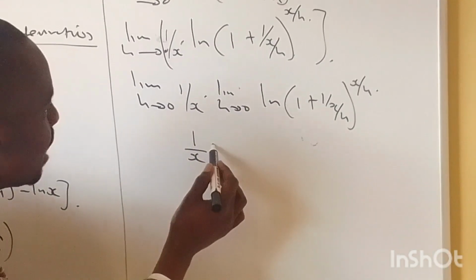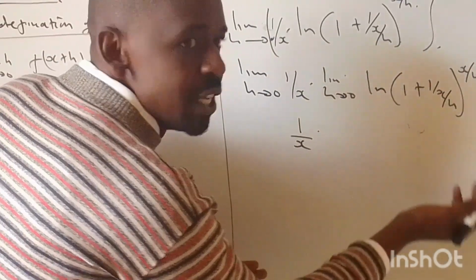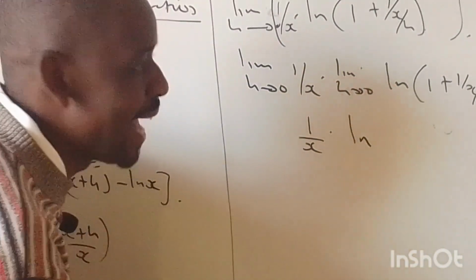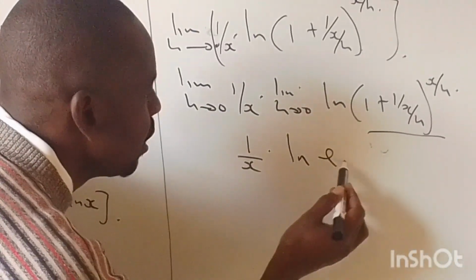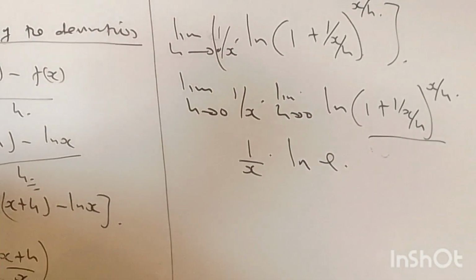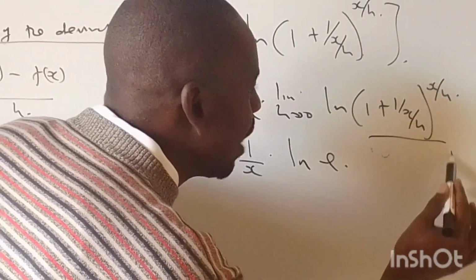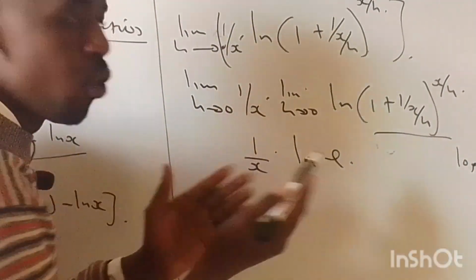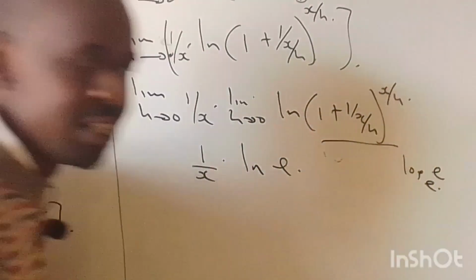Then, as the limit h approaches 0, this one is equal to e. So we have the natural log, the ln of e. Remember, the natural log of e simply means it is a log of e to the same base.